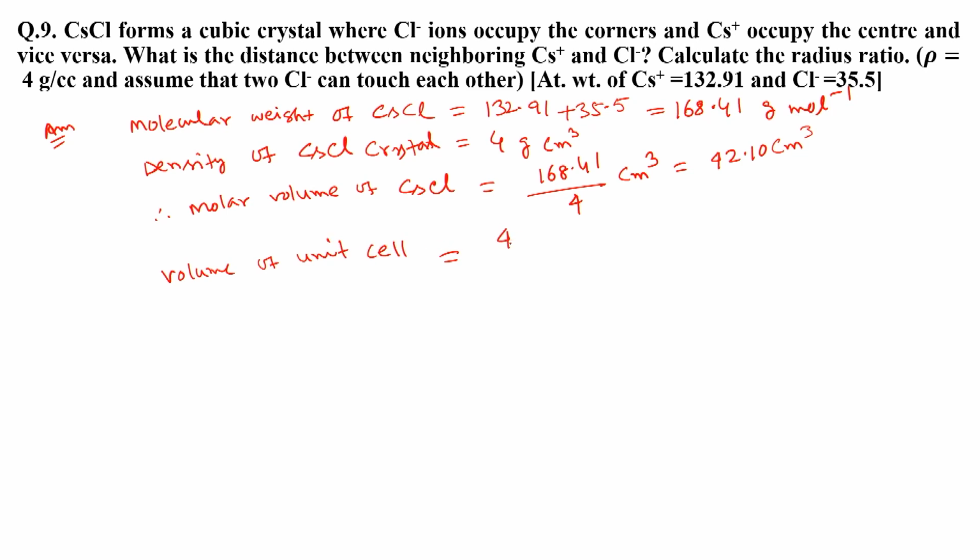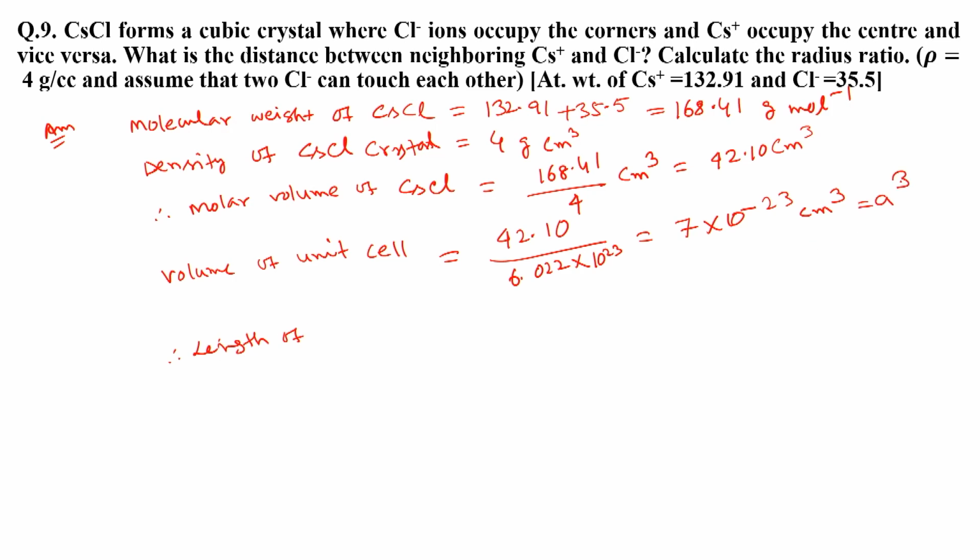Okay, it will be 42.10 by 6.022 times 10 to the 23 here. So if we calculate, we get roughly 7 times 10 to the minus 23 centimeter cube. Okay, so length of the unit cell, therefore. So volume of unit cell is A to the 3, right?